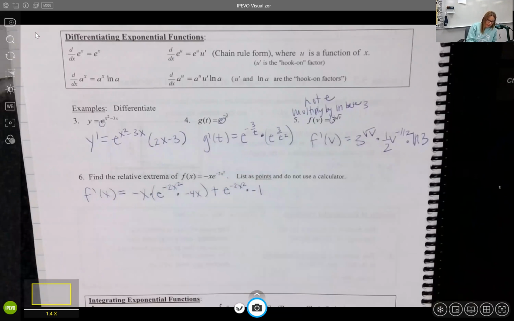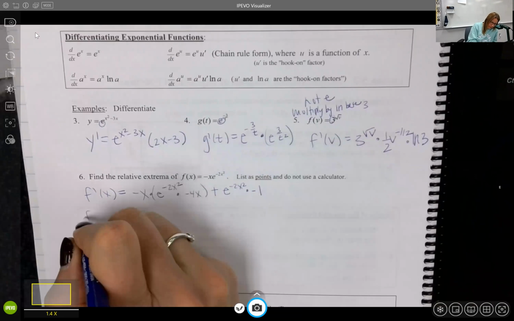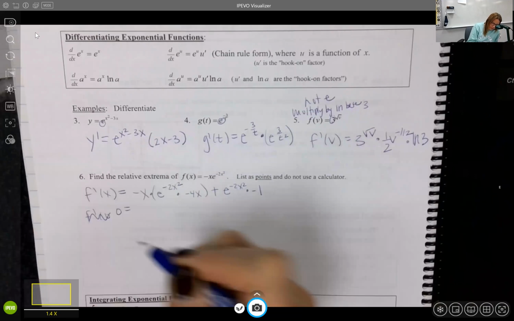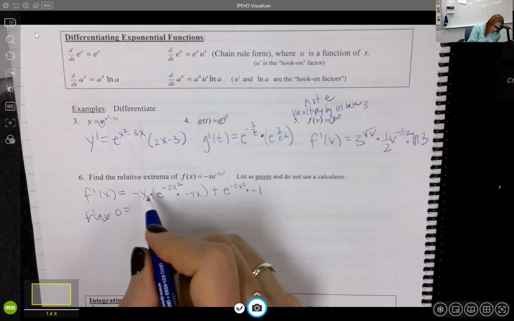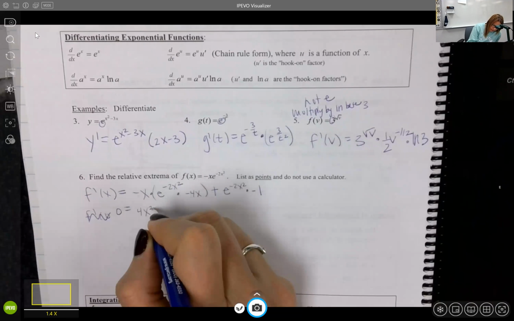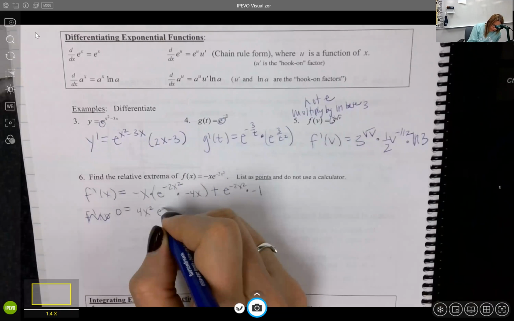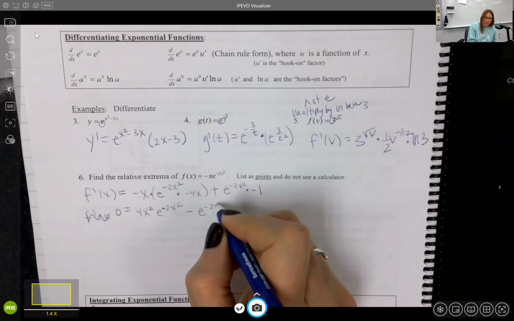Okay, now we're going to set that equal to 0, and I'm going to clean it up a little bit. So 0 equals, if I do this, negative 4x times negative x is positive 4x squared e to the negative 2x squared, minus e to the negative 2x squared.